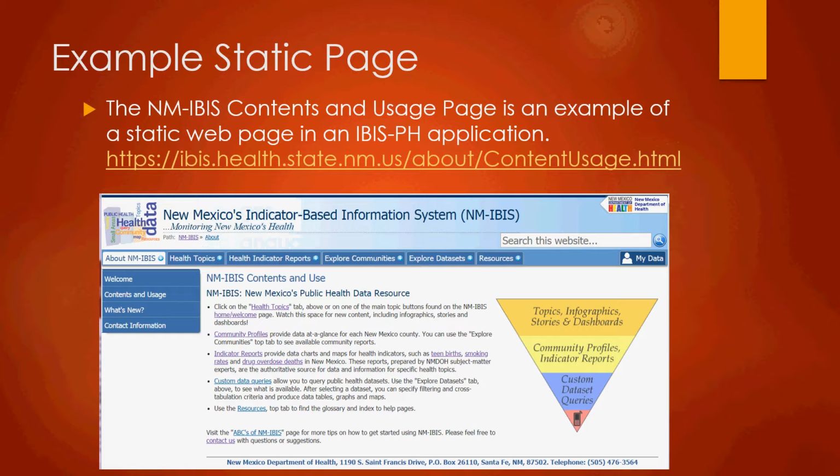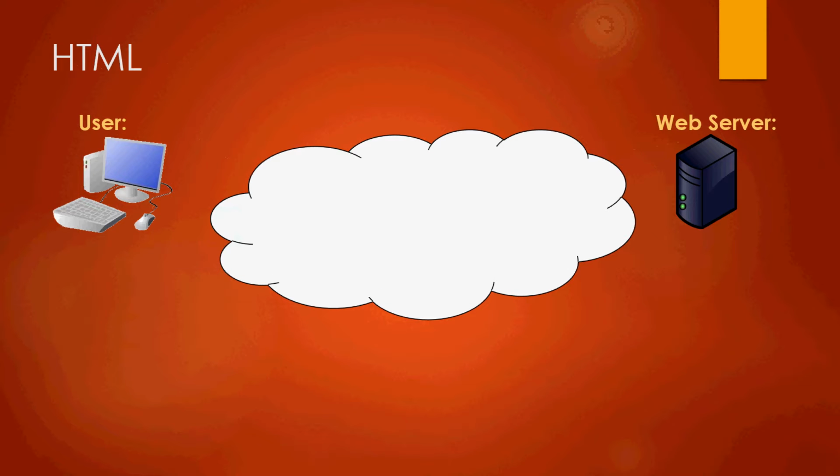So here's an example static page, the contents and usage page, and here's the basic interaction between a user and the IBIS web application. The user clicks on a link, typically, and sends a URL to a server.